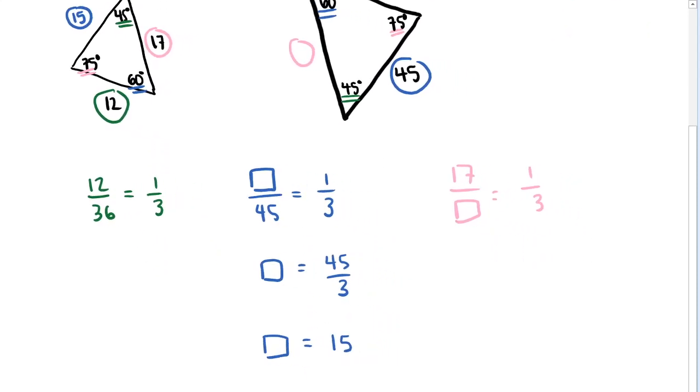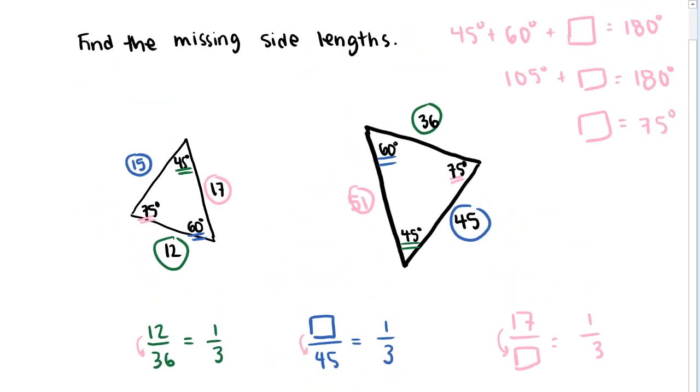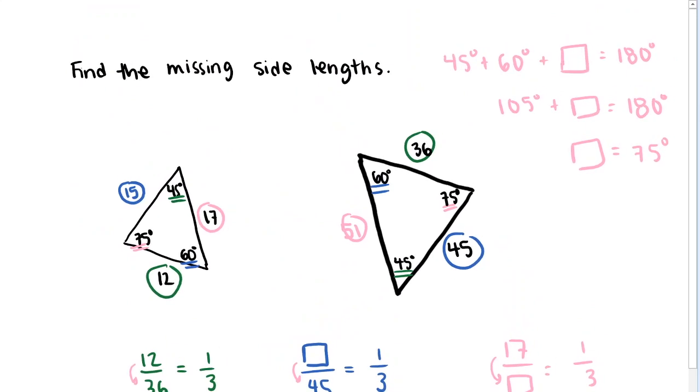We can solve this equation, but really all of these denominators are just 3 times the numerator, and so 3 times 17, that's 51. And so there we have it. We have all of our missing side lengths. That was a task that we wanted to complete, and we've done it.